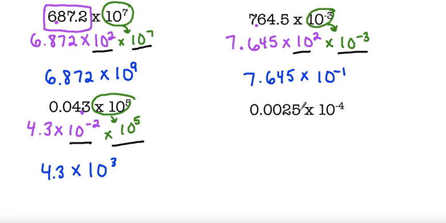And then finally here, I don't have it in scientific notation. The decimal should go between the 2 and the 5. So in order to rewrite just this value here, it would be 2 5/10 times 10 to the power of -3. And I'm going to bring this down.